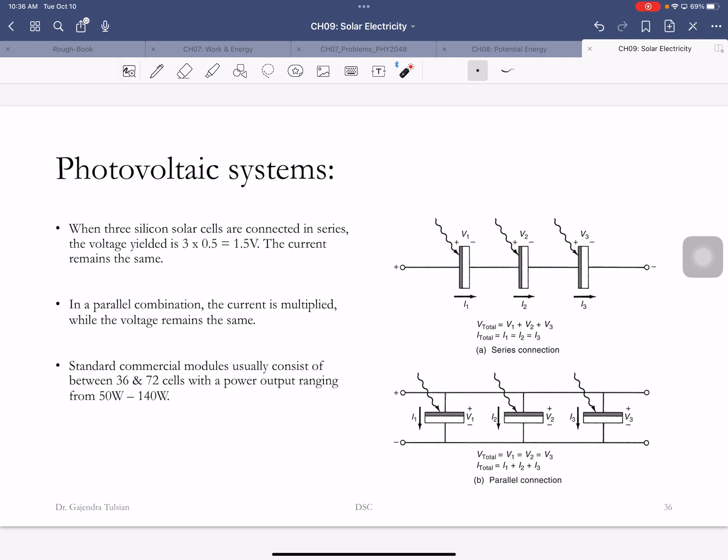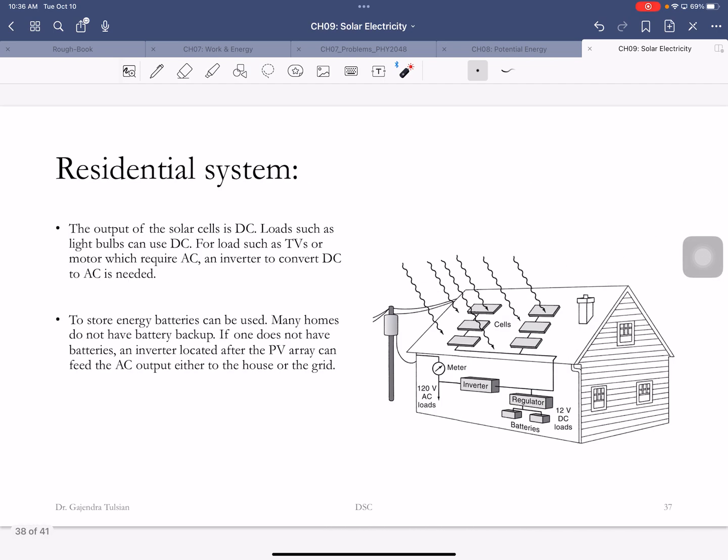If you connect them in parallel, the current increases and the voltage is the same. Standard commercial modules that you see on the rooftop have a power output of roughly 100 watts, one panel. So one of these has 100 watt power output.